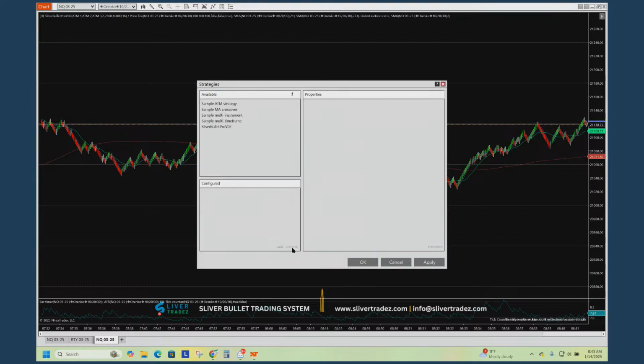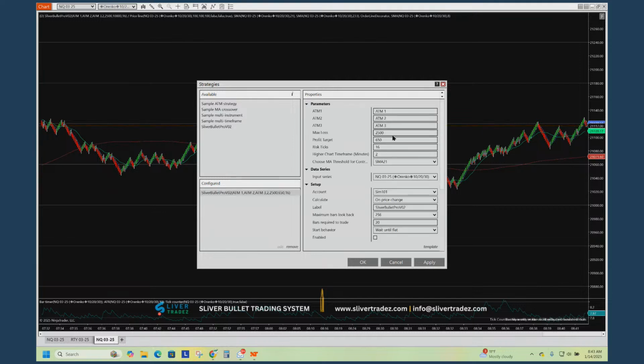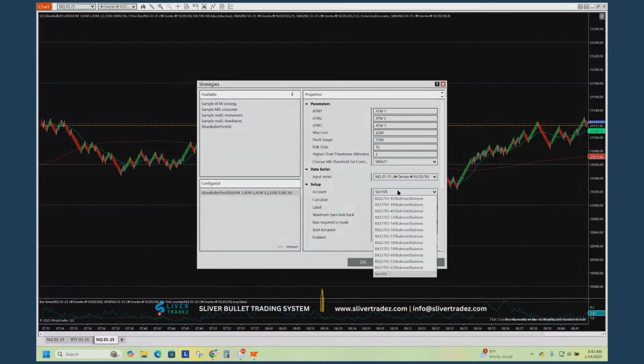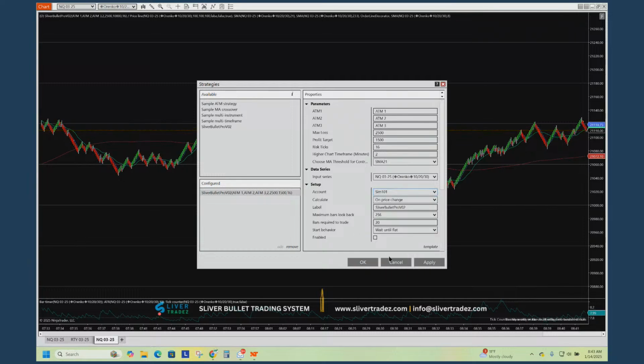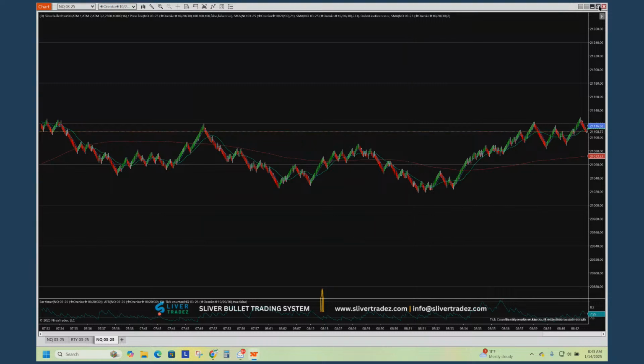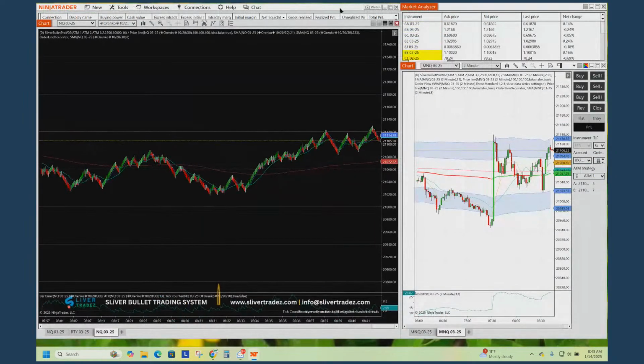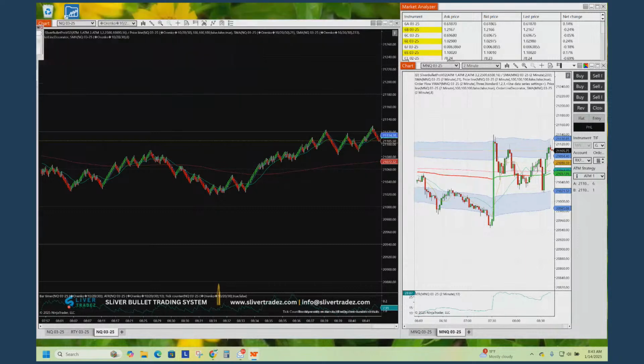So I'm going to load my chart here, the software here. And I need to decide what account I want to trade with. So give me a second here. I want to make sure I choose the right account.